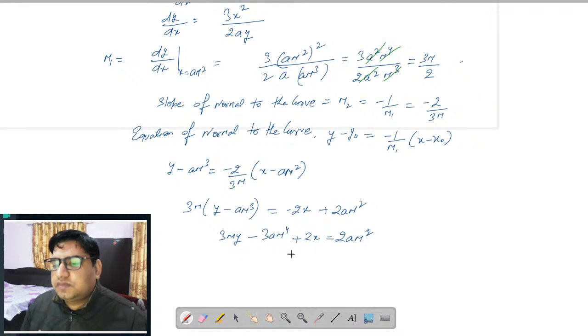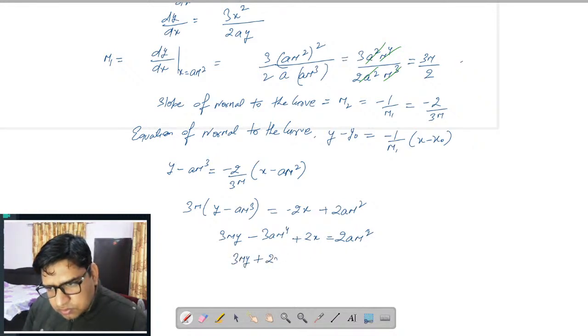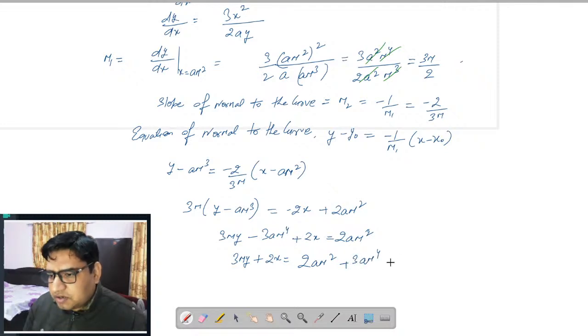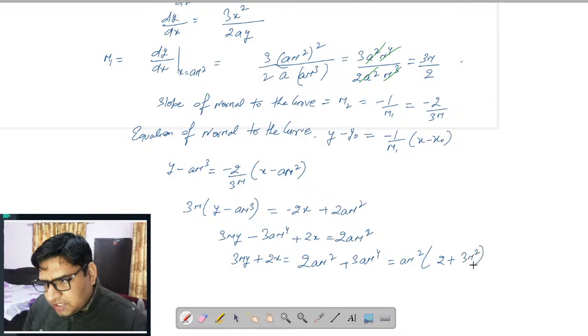We can simply write 3my plus 2x is equal to 2am square plus 3am to the power 4, or we can take am square common, which will result into 2 plus 3m square.